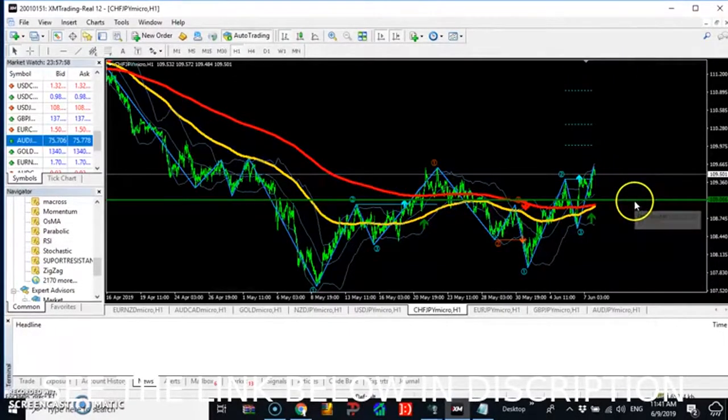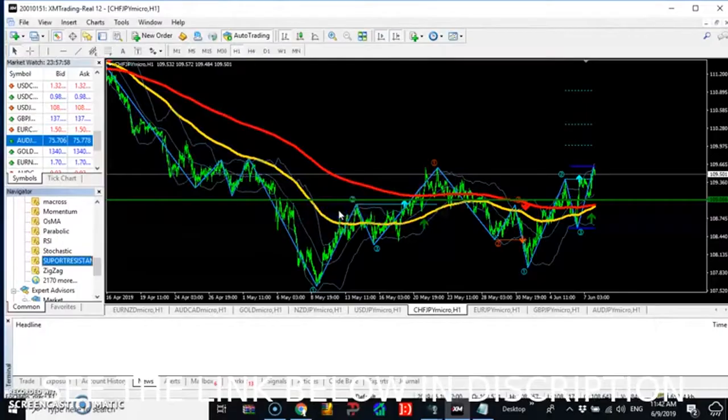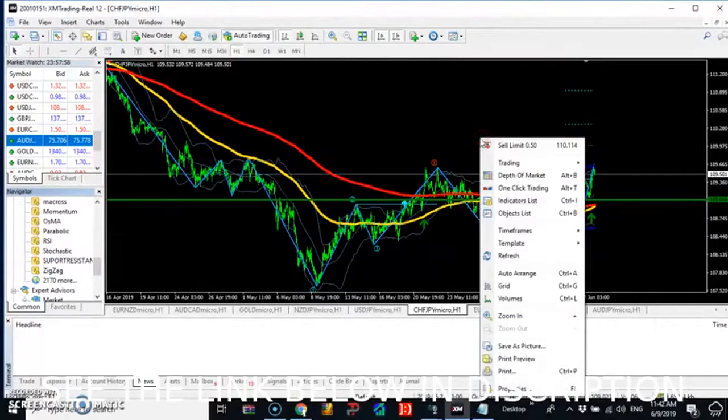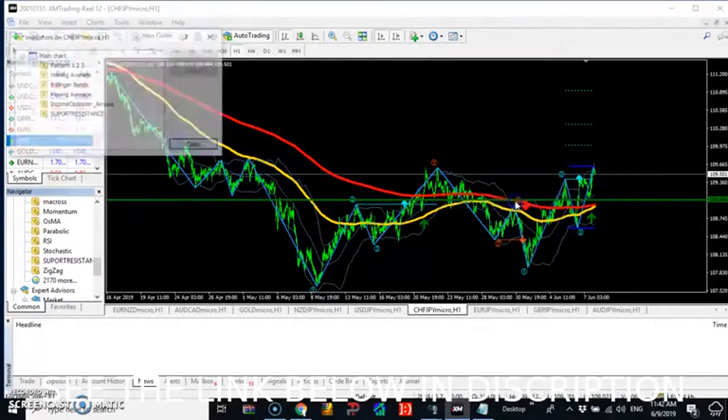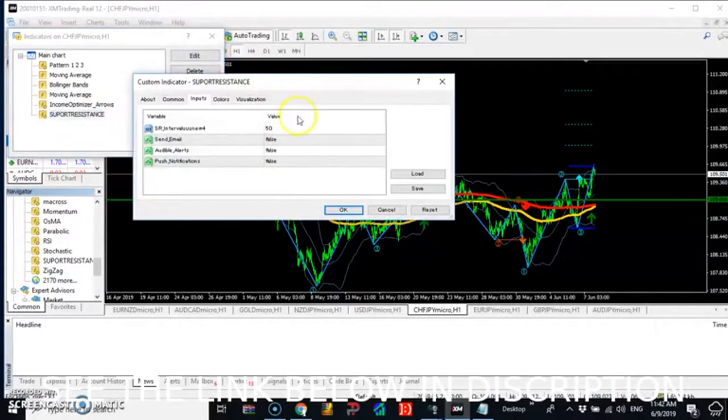But then let us work properly on where to take our profit. This is where we need our support resistance tool. Let's say first of all it is 50, and remember, we don't need too much sound or whatever. We just need this support resistance tool to do us one favor. No, we don't want 50. Let's say indicator is support resistance.